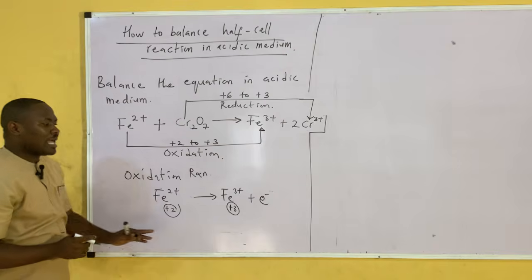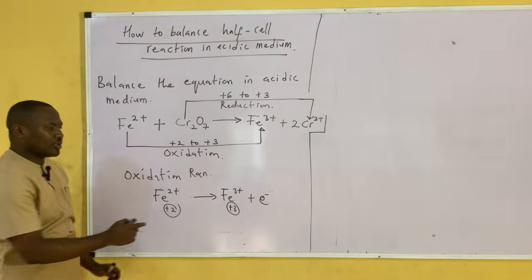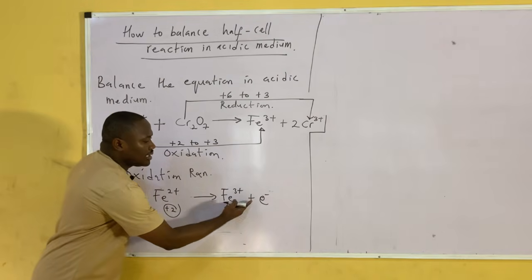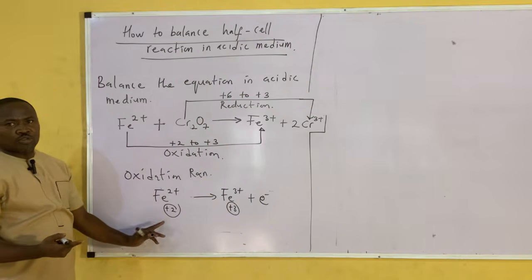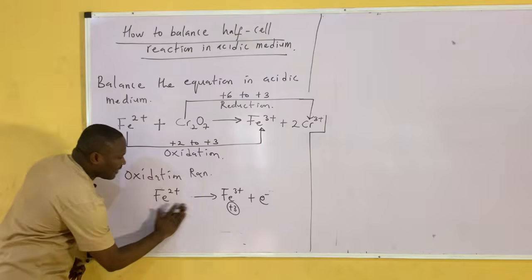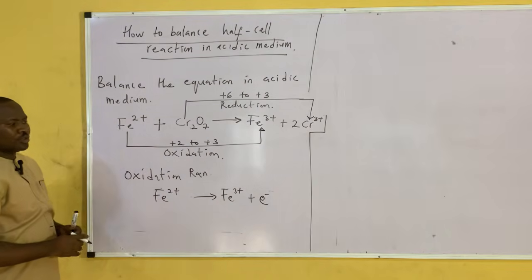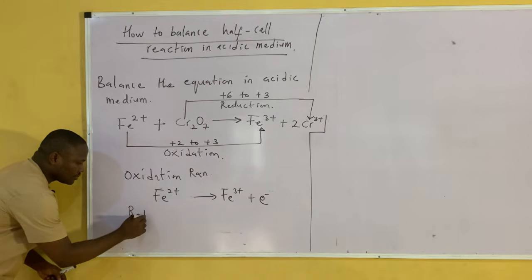In adding 1 electron here, it has balanced this side because 3 plus times minus 1 is 3 minus 1, which is now 2. So it's equal to the other side. So we have balanced the oxidation reaction. What about the reduction reaction?